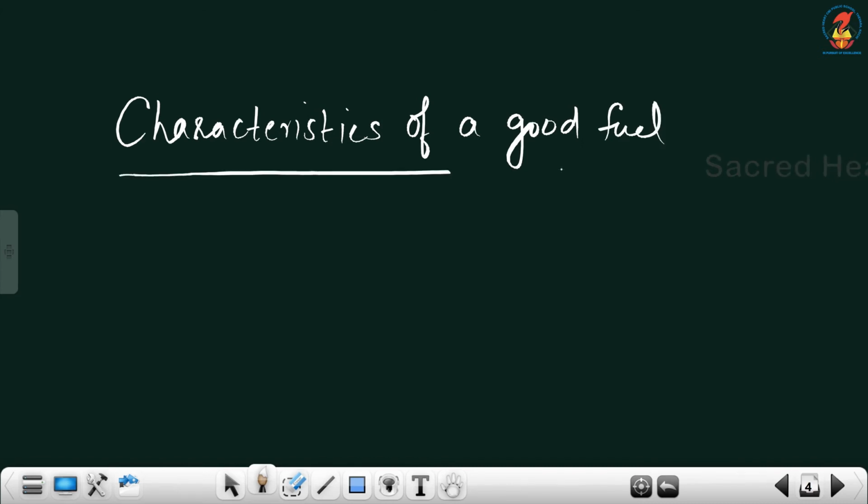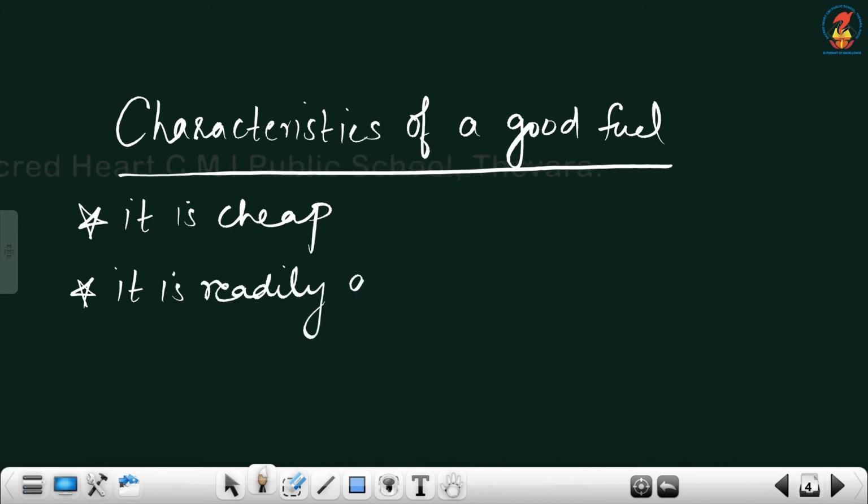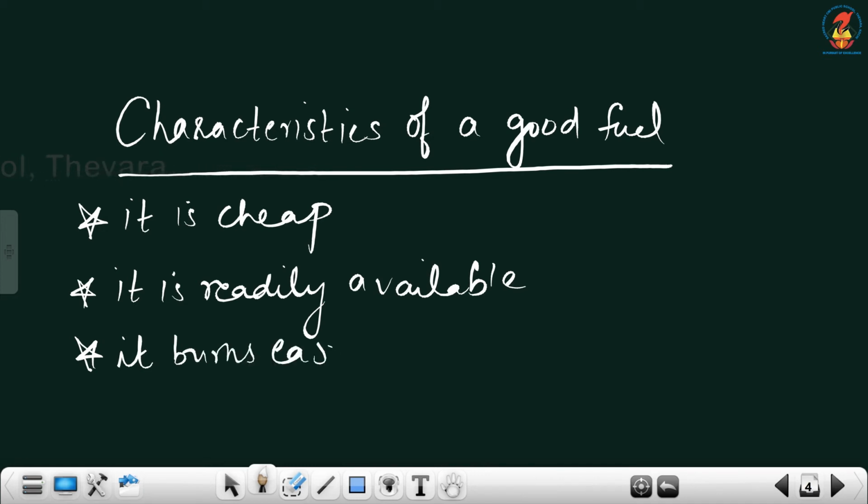A fuel is considered good if it is cheap, if it is readily available, then if it burns easily in air at a moderate rate.